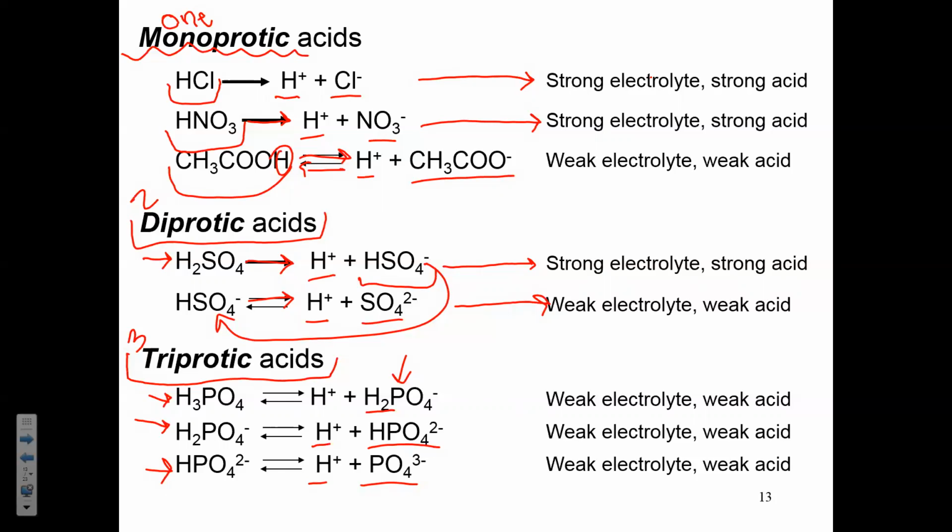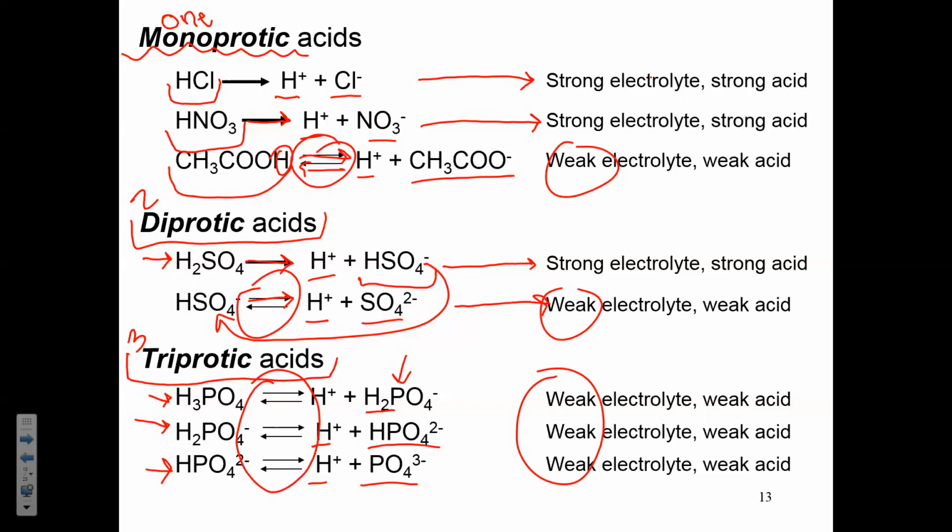Okay, triprotic acids, we have to yield 3 different hydrogen ions. Most of our triprotic acids in this case are going to be weak acids. And so weak acids, if you look at the trends, all of our weak acids have these double arrows, meaning they're not really sure if they want to complete that reaction or if they want to go backwards.